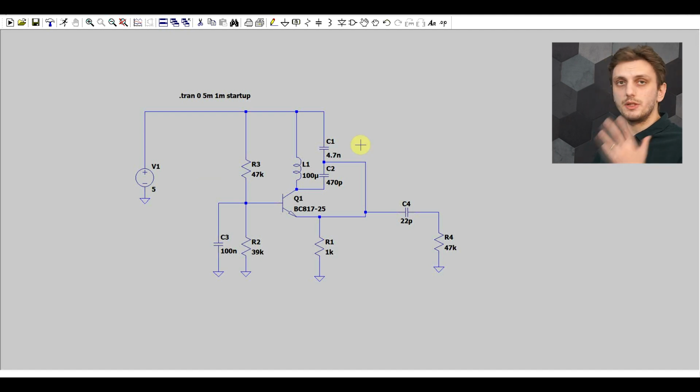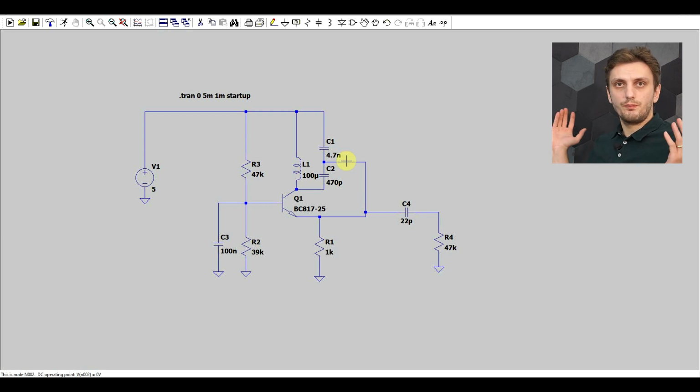The only thing to keep in mind with this circuit is that your oscillating frequency will be dictated by your inductor value and the equivalent capacitance of the two capacitors in series. So with this type of oscillator, you can get anywhere from a few tens of kilohertz up until multiple megahertz. So you can build this either in the long waves or the medium waves or even in the short waves.